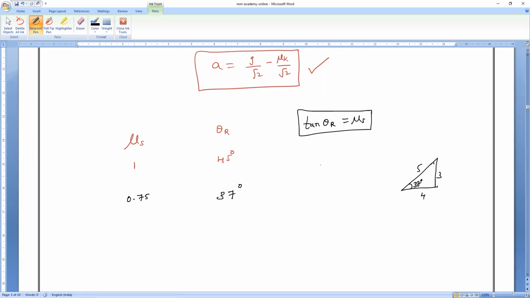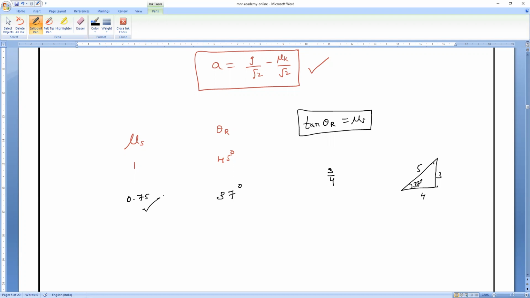Tan theta equals 3 by 4. Sorry, I forgot. 3 by 4 only. So 3 by 4 value is 0.75.